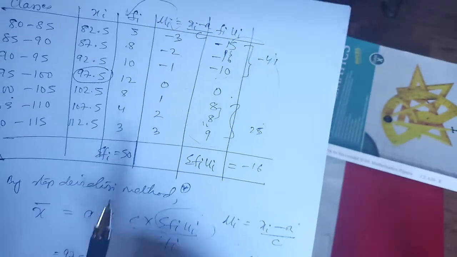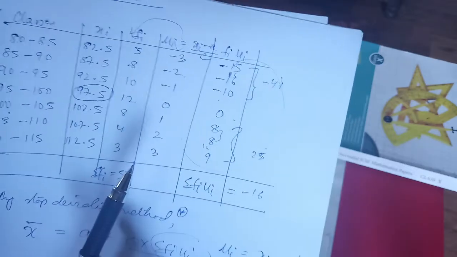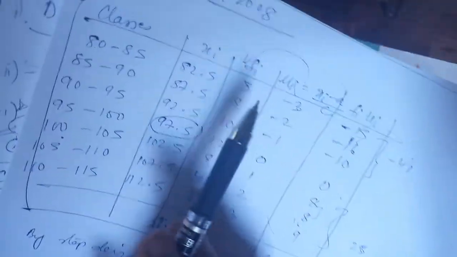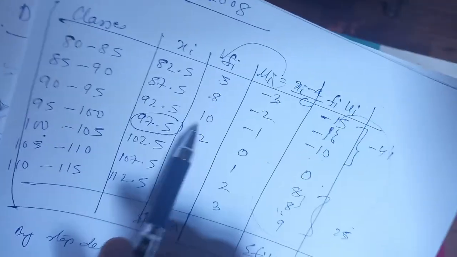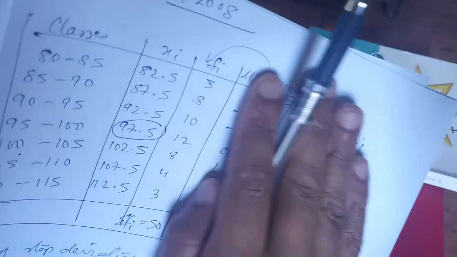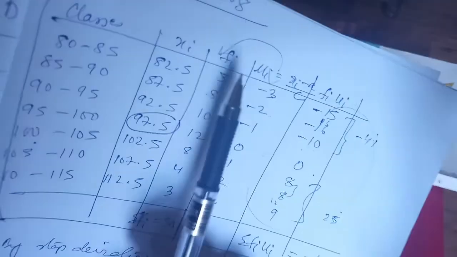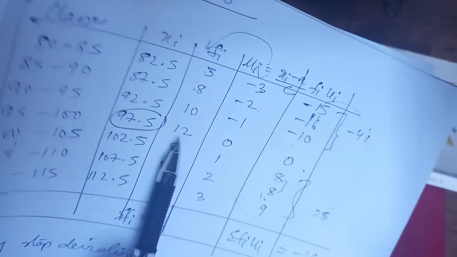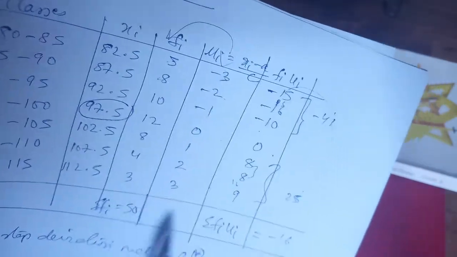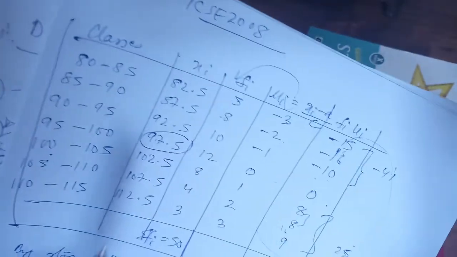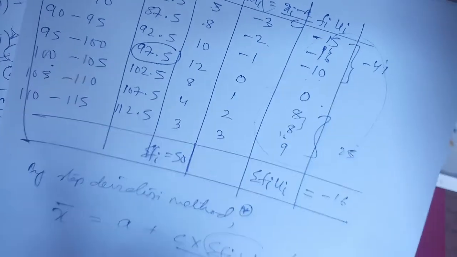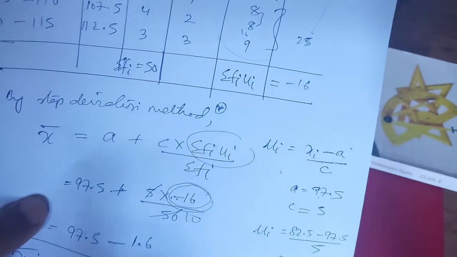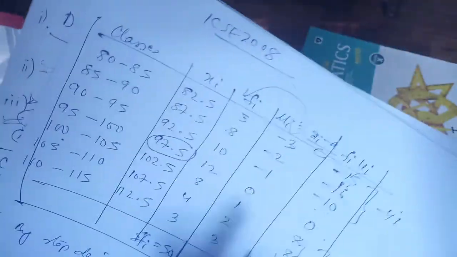Answer will come faster also. If you try to solve this by direct method, then you have to do this multiplication. In the direct method, this portion will not be there, you only have Fi Xi. So try to multiply this. It will be very time consuming, and again you have to add that. So this is one of the easiest methods, and in your board exam you will be asked only this type of question.